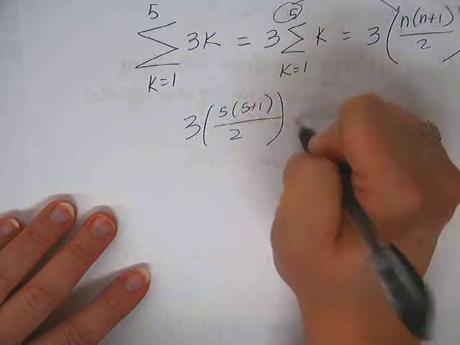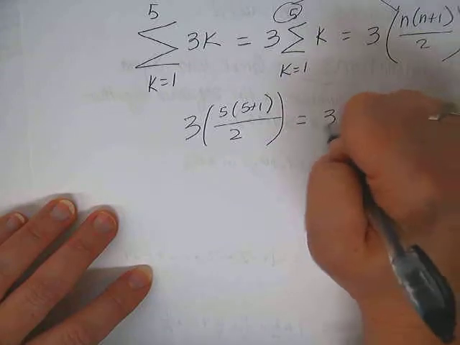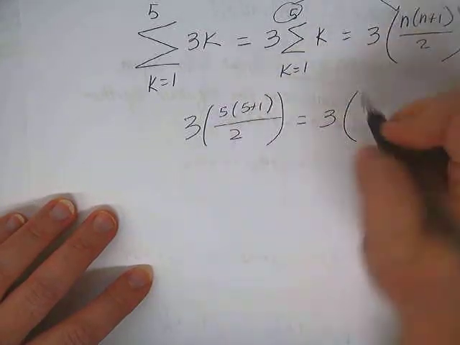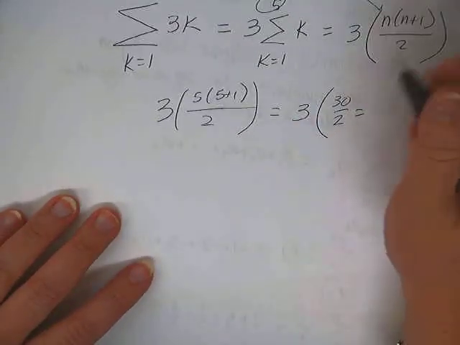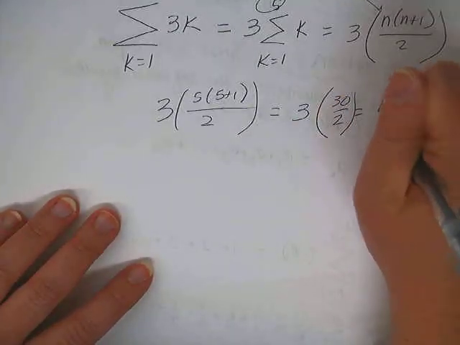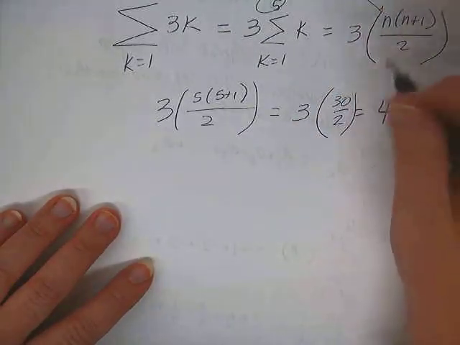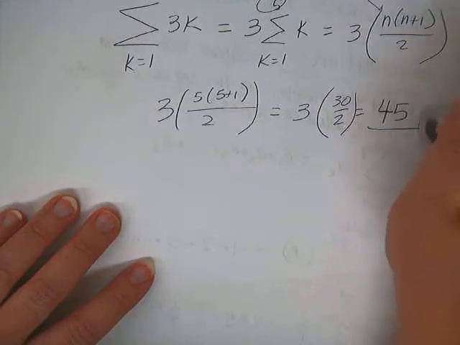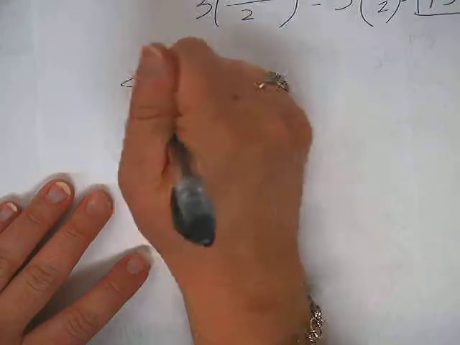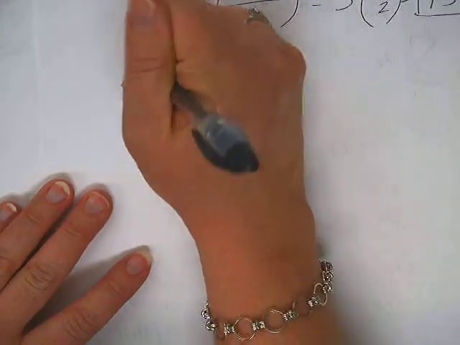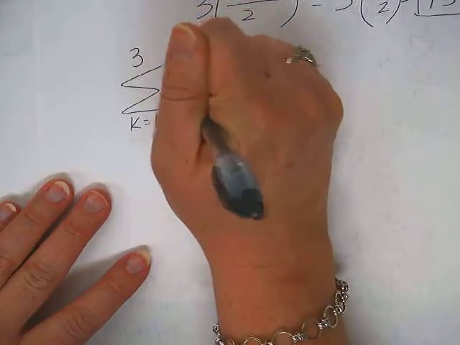In this case, n is 5. So we're going to go 3 times 5 times 5 plus 1 over 2. So that is 5 times 6 is 30, divided by 2 is 15. So 15 times 3 is 45. So that one should add up to 45.